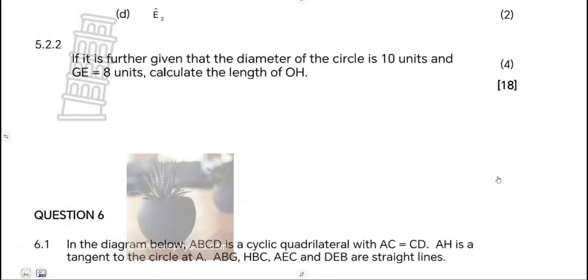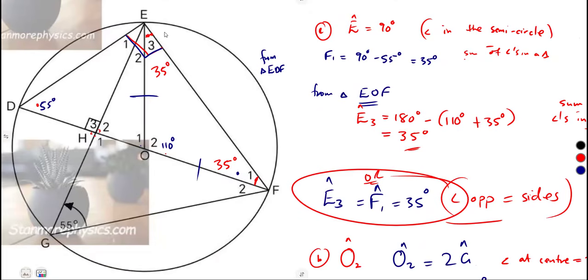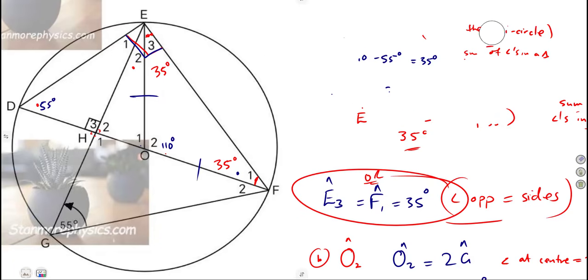Let us consider another part. We have part D, which is angle E2. This is where we've got our angle E2. So let's try to figure out what we can use to find that angle E2.